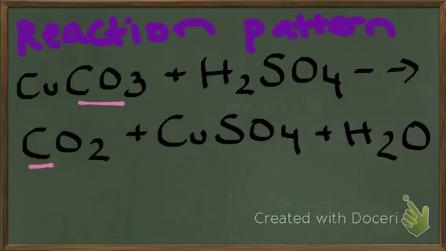So, as you can see, this is a decomposition reaction, and it can be identified because a compound broke down to form a new one. Oxygen split into a carbon dioxide atom and a water molecule. As you can see here, this has 3 oxygen molecules, and when it reacted, it split into a carbon dioxide and a water.